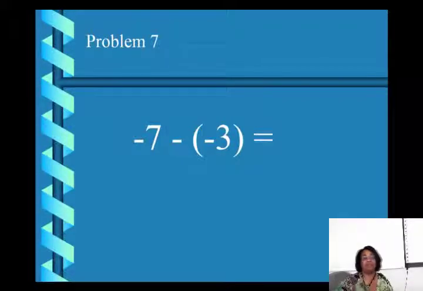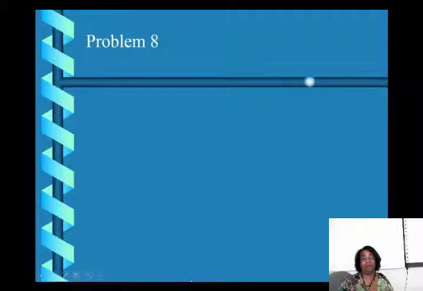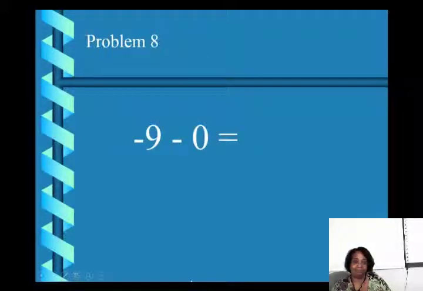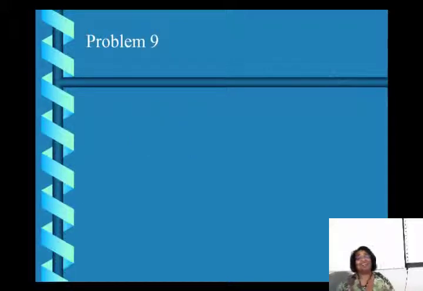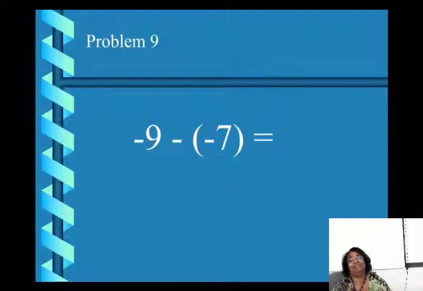It's -4 because the 7's on the negative side. So this becomes plus a positive. This is 3. So you have -7 plus 3, which is -4. What is it? Negative 9. Right? That's an easy one, huh? -9. Number 9. Positive 9. -2. Negative 2.